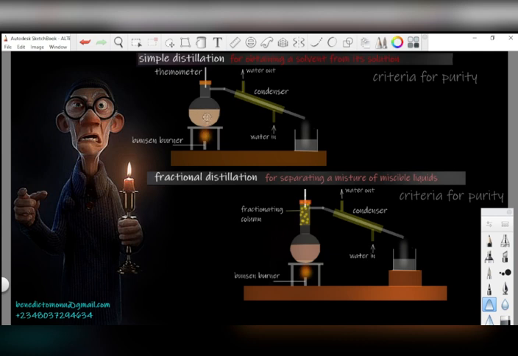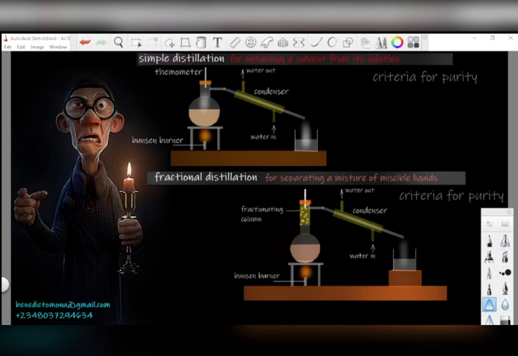The solvent part of this solution will leave the solution and go through the delivery tube where it is condensed. So you have a solution here, but you are able to collect the solvent here because the condenser turns the gaseous solvent into a liquid you can collect. By so doing, you are obtaining the solvent alone from the solution.